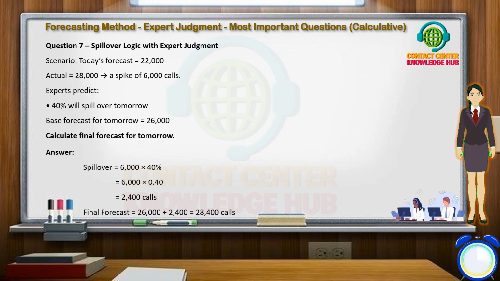Calculate the forecast for tomorrow. Final forecast is equal to base forecast plus spillover. Base forecast is 26,000. Spillover is 2,400. So, 26,000 plus 2,400 equals 28,400 calls. Final answer. Tomorrow's expert judgment forecast becomes 28,400 calls.